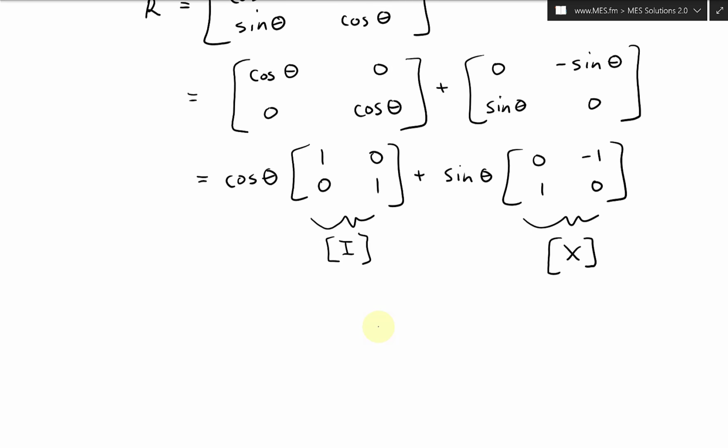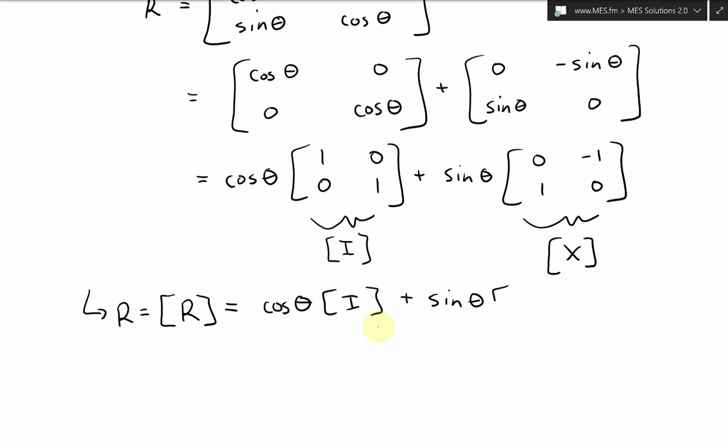And what we get is R equals, in this notation, cosine theta, because it's not a matrix, times the I matrix, plus sine theta times X. Like this. This is what we have here.